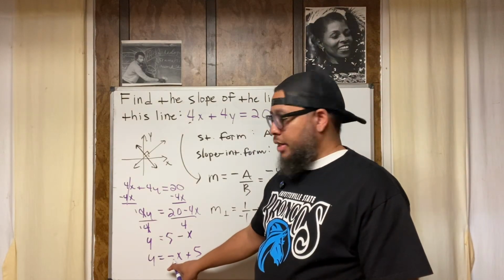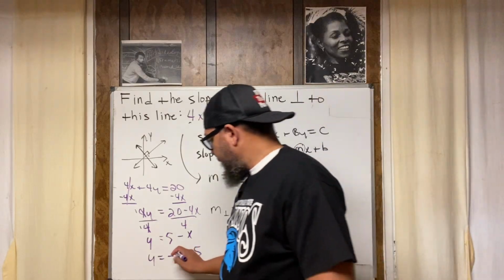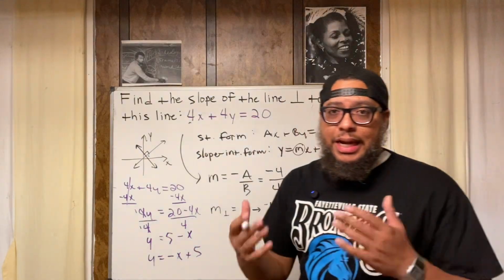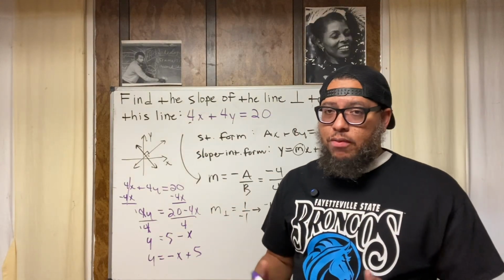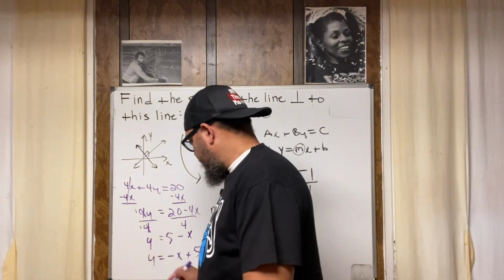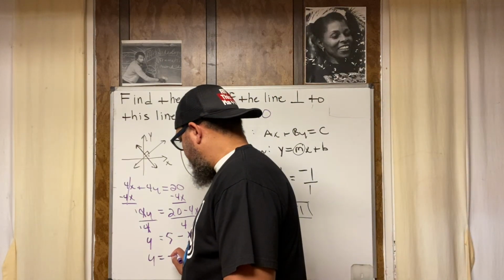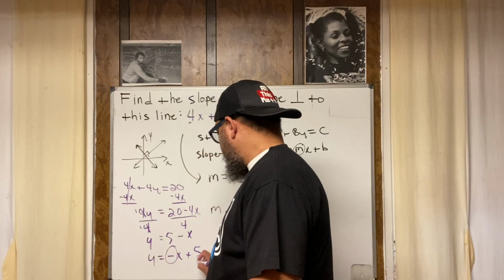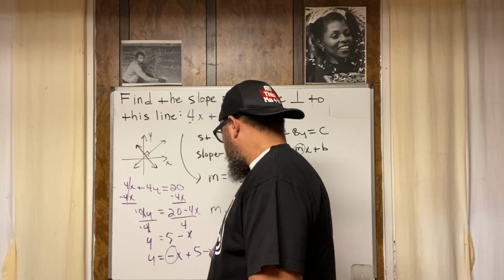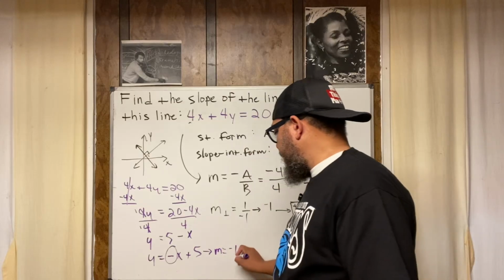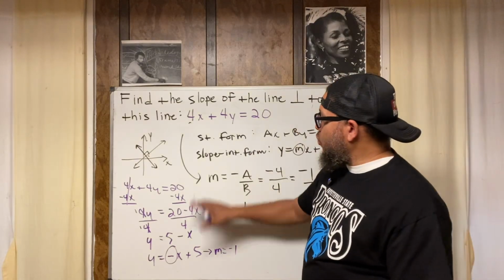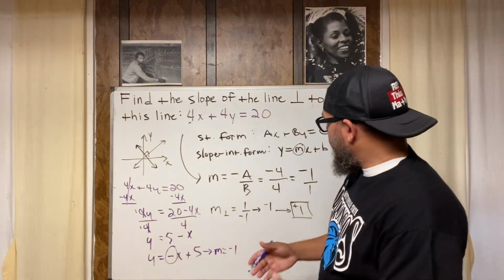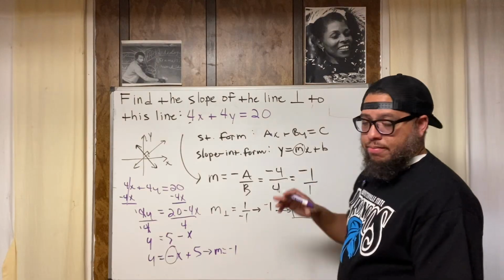The negative sign represents a -1. So that means m is equal to -1. Now, that's the slope of this line, just like we found when we did it this way.